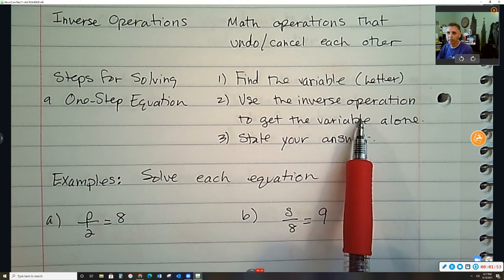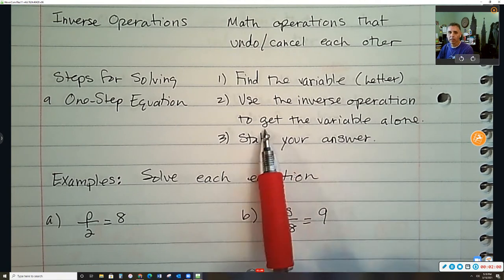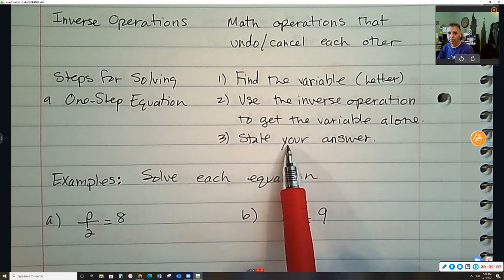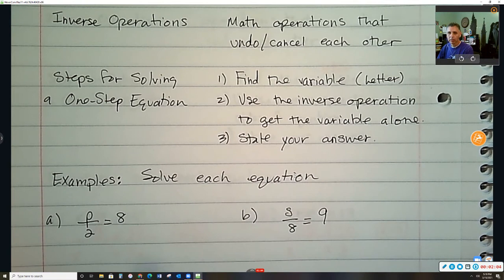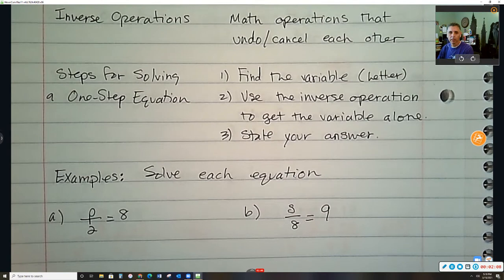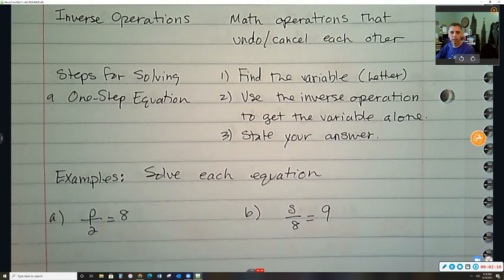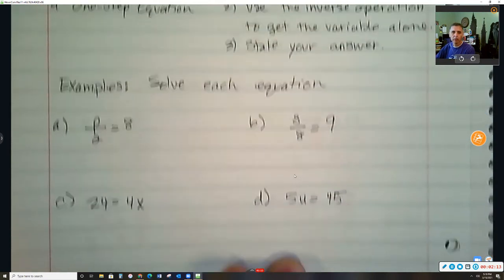Find the letter, and then there's some kind of operation going on to it. Do the inverse of that to get the letter by itself. And then 3, just state your answer. Okay, so again, copy that down. I'm going to pause it for a second. And then let's lower it.